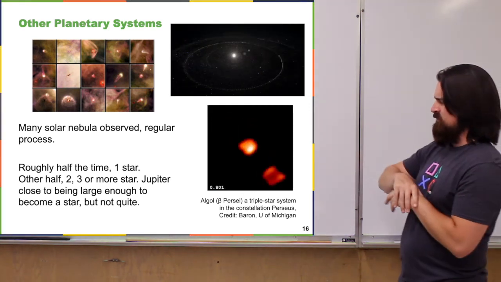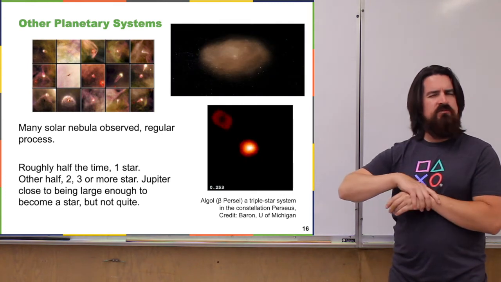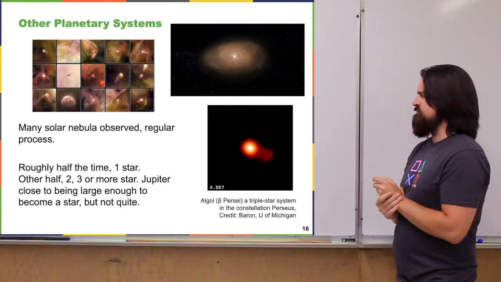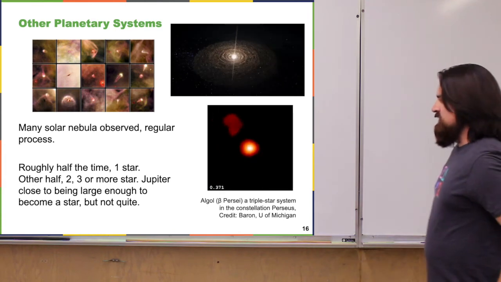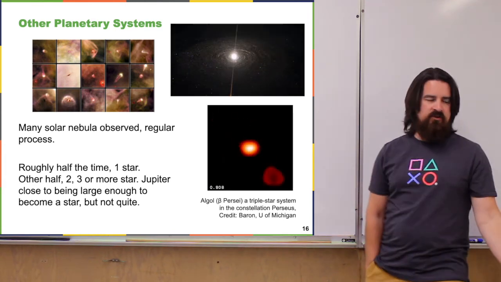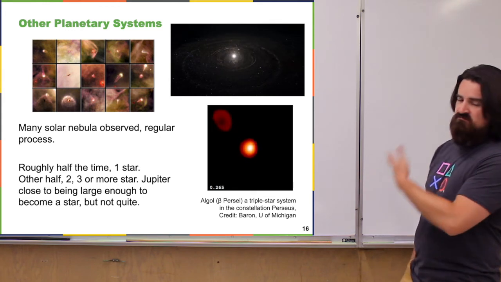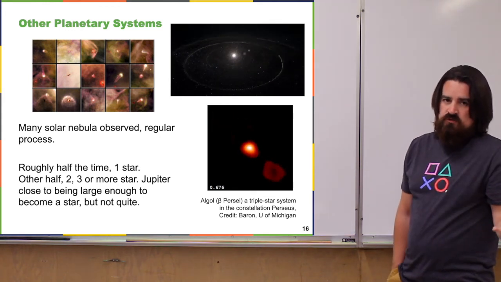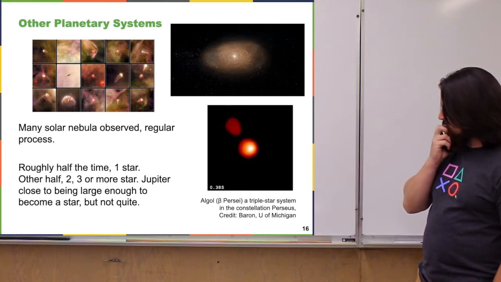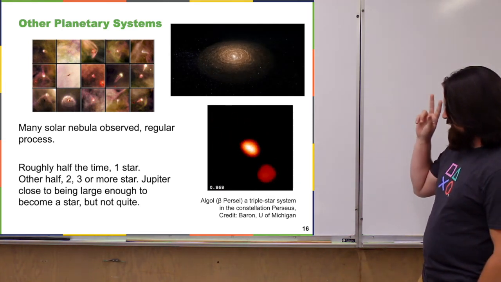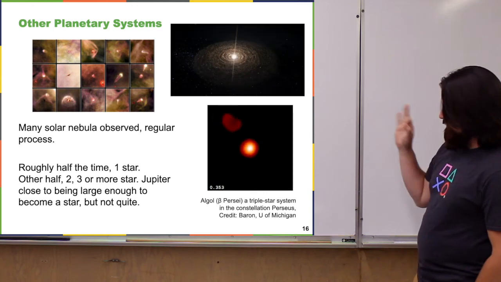I'm not sure what the term for 3 stars is, but 2 they call a binary system, a trinary system, I don't know. Anyway, it's an interesting thing that our solar system having 1 star is fairly regular, but it's also usual to have more than 1 star too. And this is some observational data of a triple star system, with 3 stars.